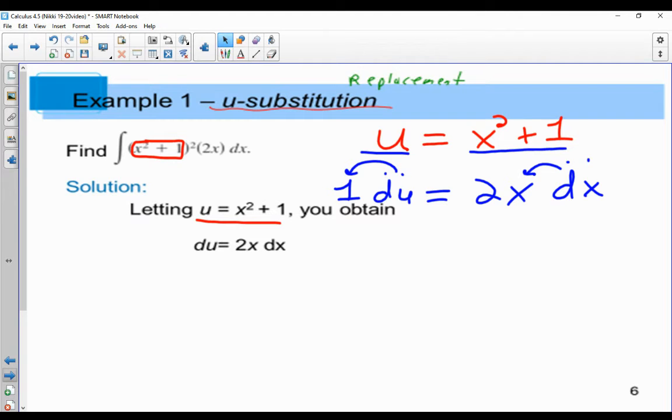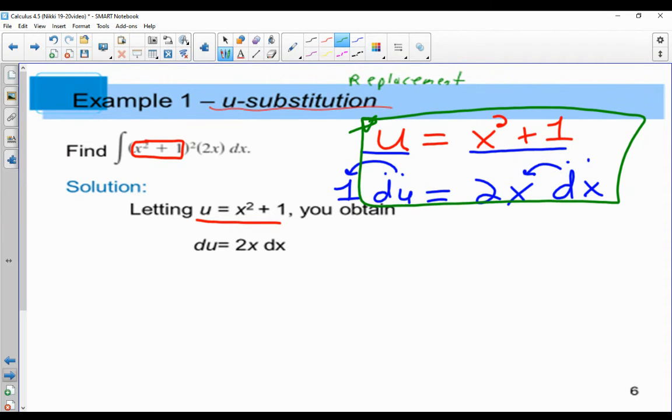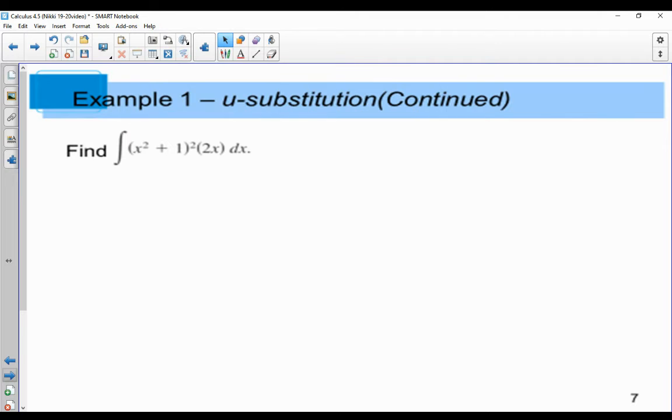But once you have these two labels, these are the most important tools that you're going to use to help derive this. We're going to be taking the u and du, and we're going to substitute or replace these into our equation, and that will help us derive. I'll show you what I'm talking about in the next slide, just so you get more of a feel for it. So, same function. Let's do exactly what we just did.